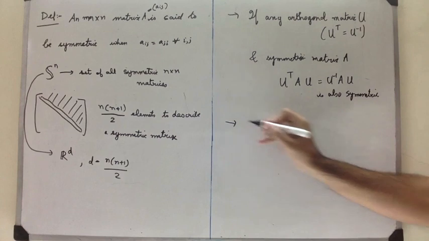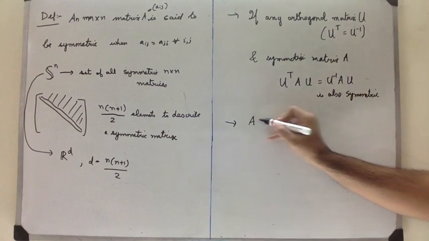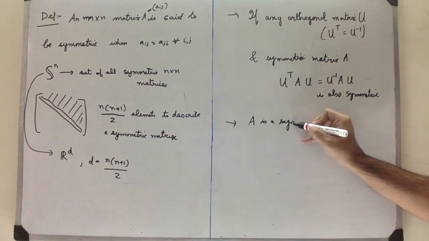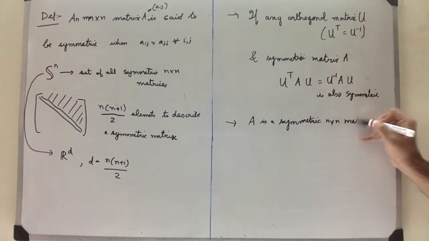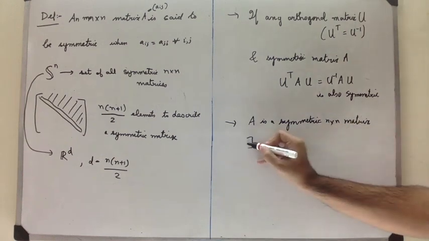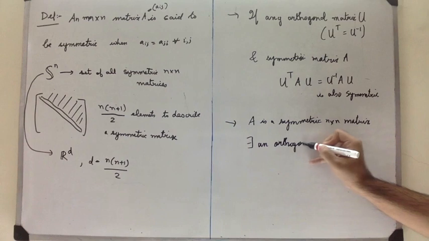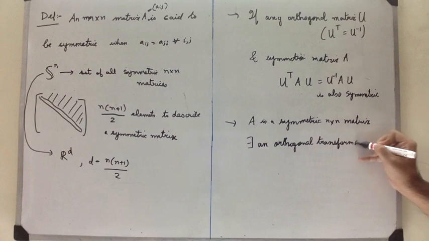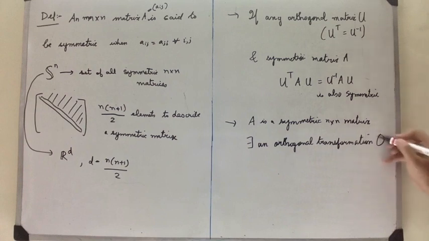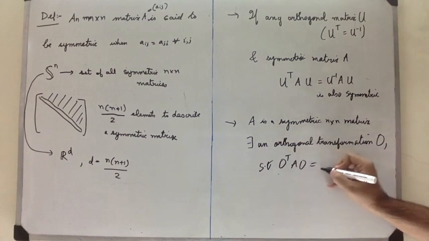Now, from the spectral theorem of linear algebra, which one can check in any linear algebra textbook, we know that if A is a symmetric n cross n matrix, there exists an orthogonal transformation O such that O transpose A O is a diagonal matrix.